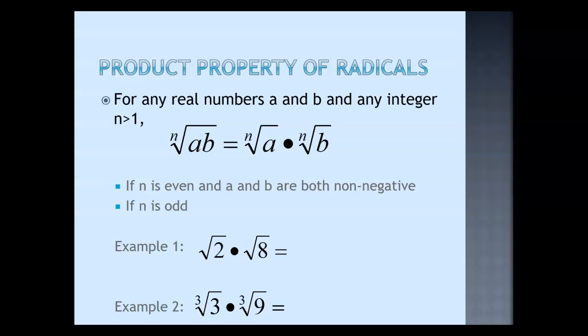If n is even, a and b must both be non-negative. If n is odd, then it doesn't matter. They could be positive or negative, because we just discussed that odd roots can have negatives.